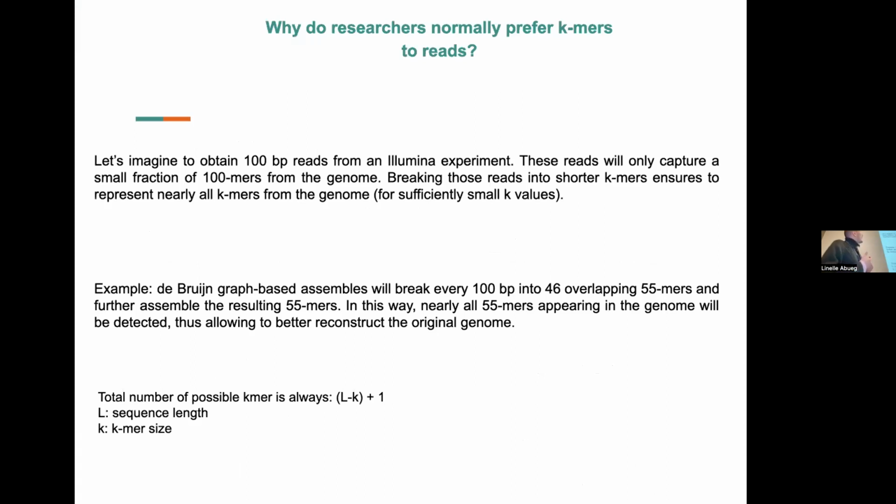And in fact, the reason why this is also useful for genome assembly is because, especially when we were dealing with short reads that were like 100 base pairs long, you had a problem.